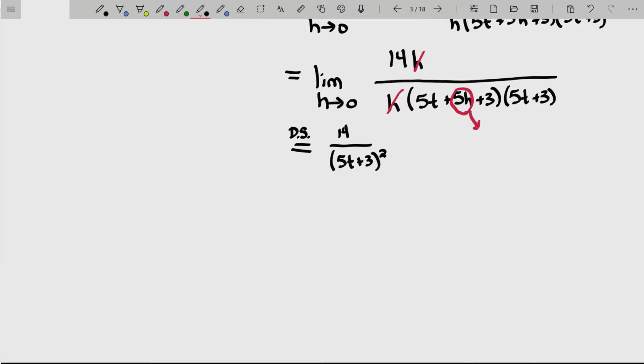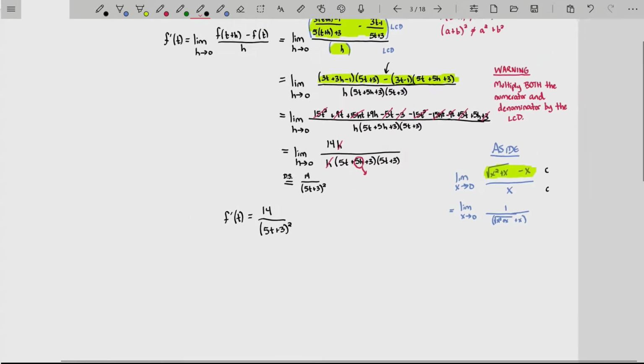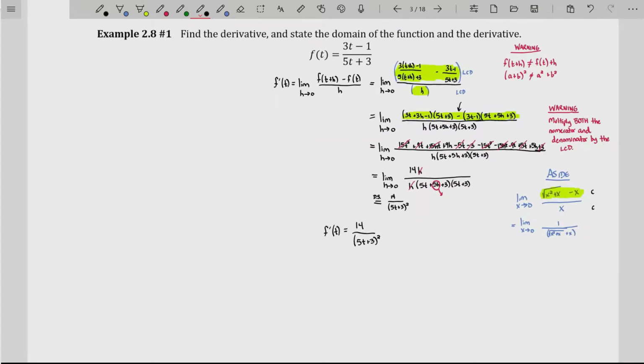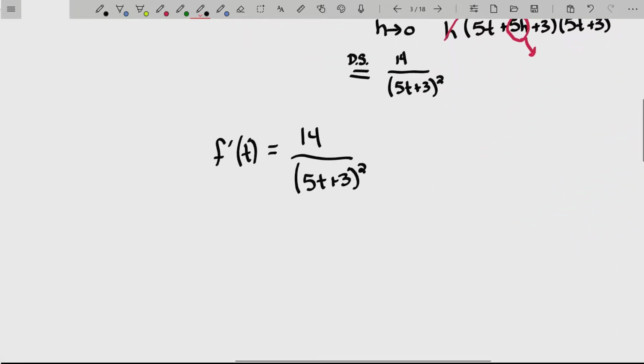Finally, I'm just going to showcase this. f prime at t is equal to 14 over the quantity 5t plus 3, quantity squared. The reason I want to showcase that is because if somebody said, I have a function (3t minus 1) over (5t plus 3), and I need to know the slope of the tangent line, let's say at t equals 5. Well, that's easy. The slope of the tangent line at t equals 5 is f prime at 5.